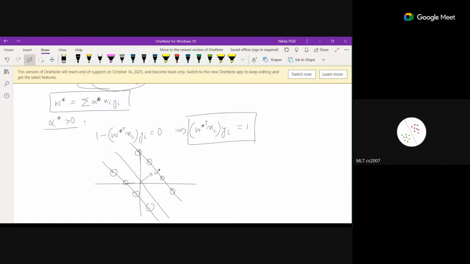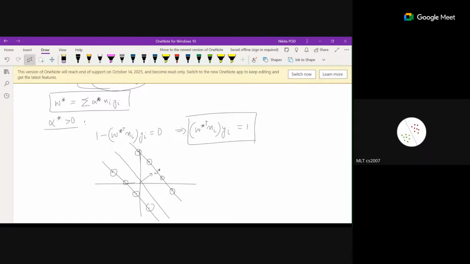Let's change the topic. What we got is this solution. Now, if we are given any test data point, x test, and we have to predict for this point, then we will compute W star transpose x test.